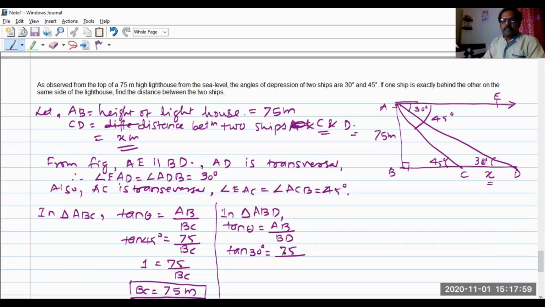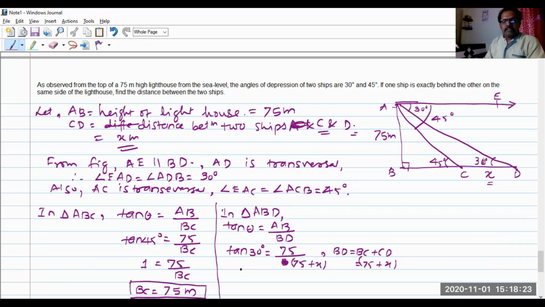What is BD? BD will be equal to BC plus CD. BC we got as 75 and CD we denote as x. So instead of BD I can write 75 plus x.